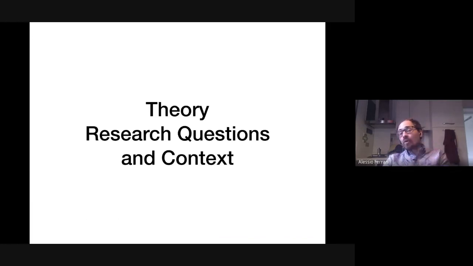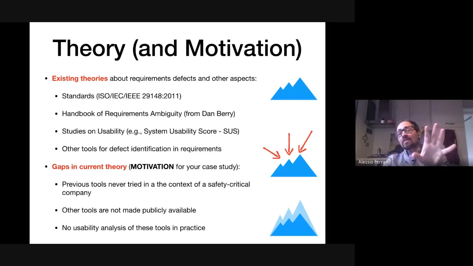So let's follow our process. As you remember, we start from the theory, research questions, and context. What is the theory? The theory is the background for our research, the theory from which we start, and by identifying the gap in the theory, you can explain the motivation for our work. You can give a motivation for why, for example, you didn't use an already existing tool in the company, or why wasn't this problem solved by someone else?